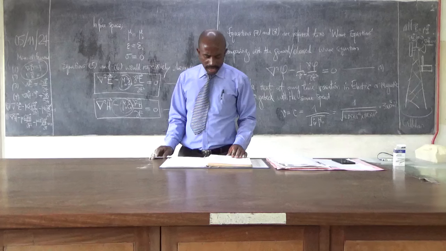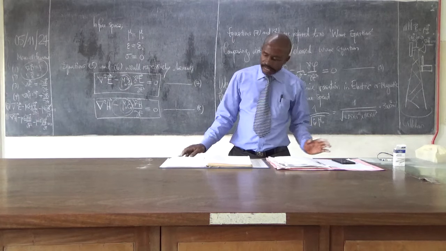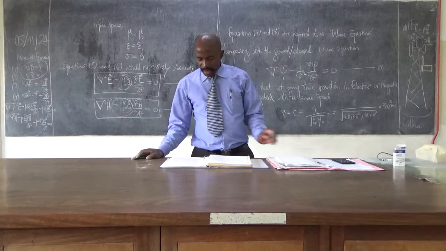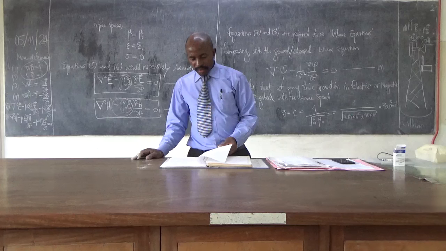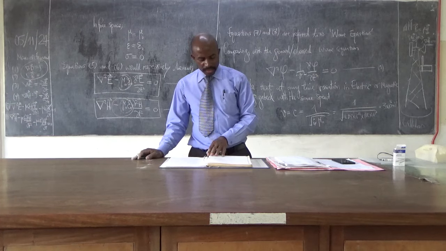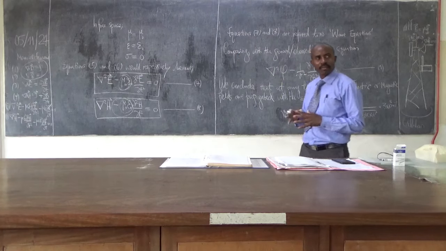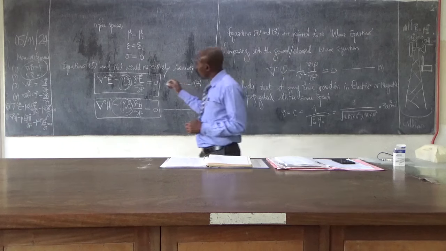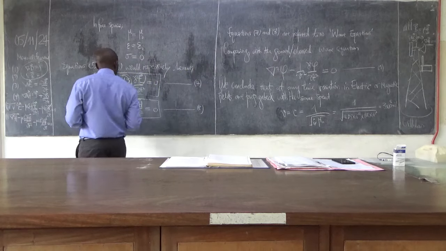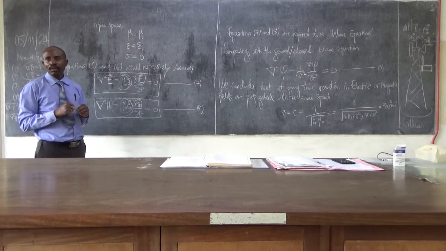So I know we still have like 13 minutes, but I didn't want to go into phase waves. I wanted you to leave when you are satisfied that now we have the electric and the magnetic field vectors moving at the speed of light.